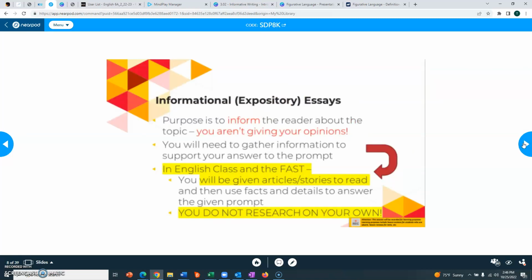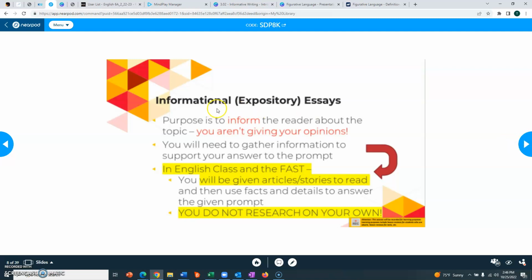Okay, first thing, informational expository essays. They're the same thing. Both informational and expository essays ask you to inform the reader about something. So your prompt is going to ask you certain questions.